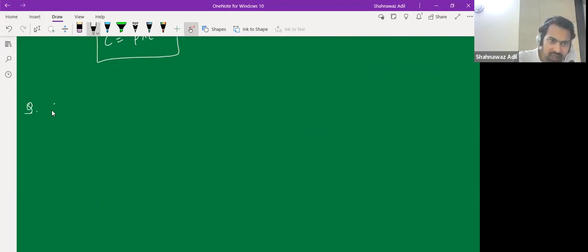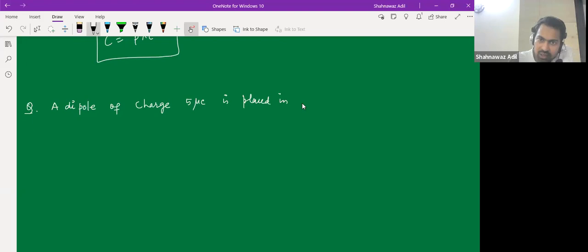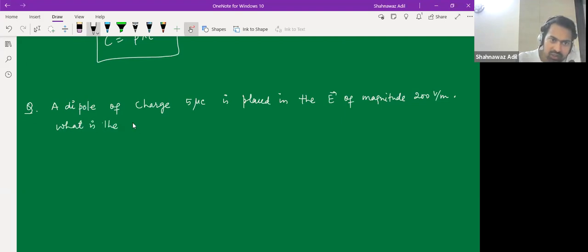We have a dipole of charge, let's say 5 microcoulomb, placed in an electric field of magnitude, let's say 200 volt per meter. Then what is the work?